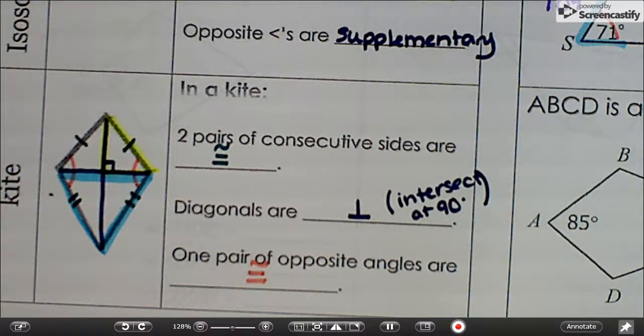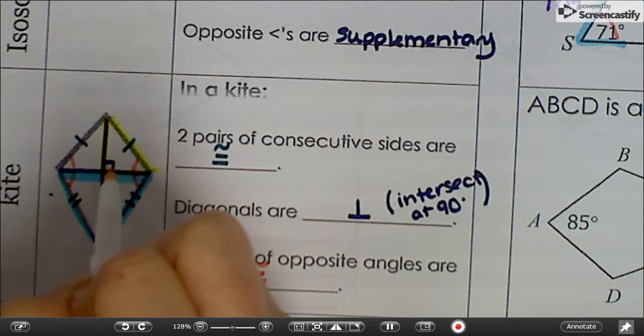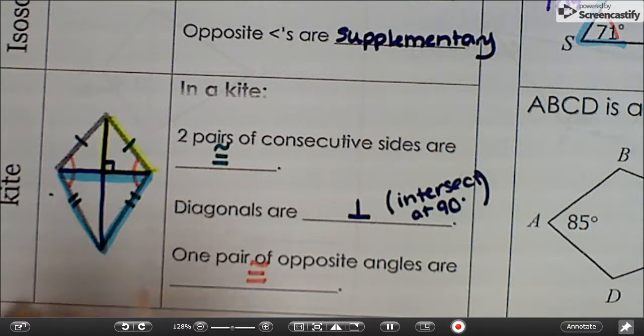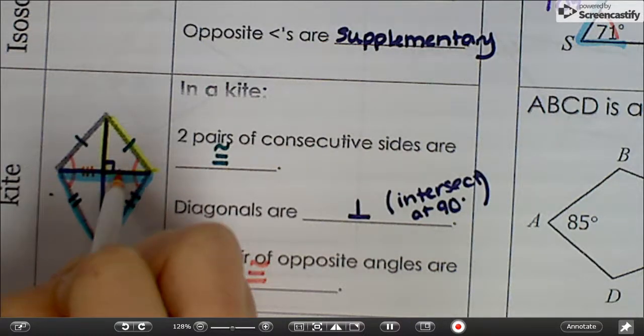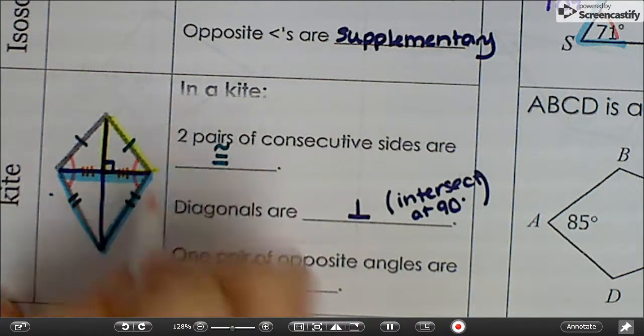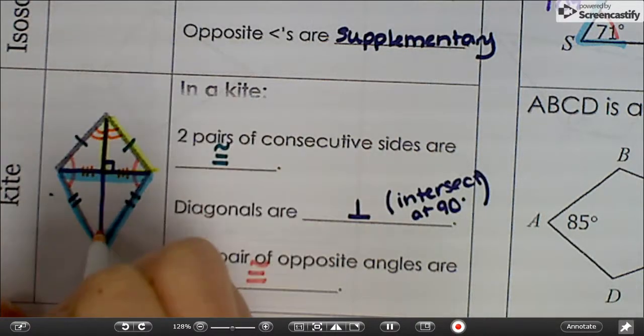Okay, more cool stuff about kites. Because this diagonal here, it's actually a perpendicular bisector, so it cuts this in half. So this piece goes with this piece. And it bisects this angle here too. And this angle.